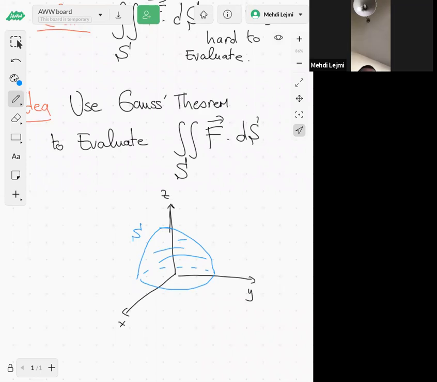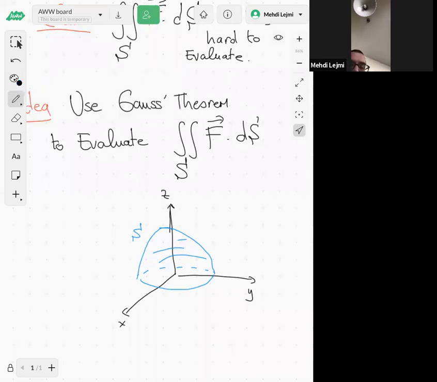And so I want to use Gauss theorem, right? In Gauss theorem, there is a solid, and there is the surface S, which is the boundary of the solid. So what would be a candidate for my solid E? We need to keep in mind the surface S needs to be the boundary of the solid.